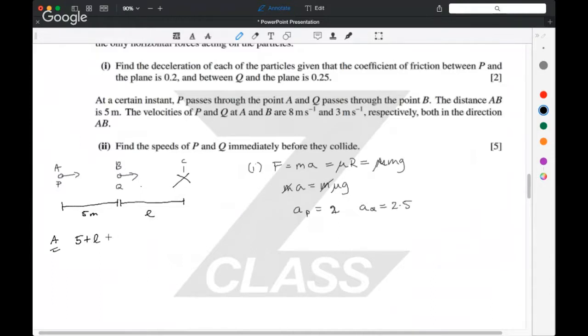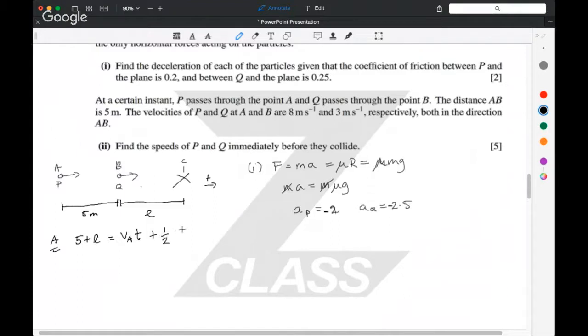And that's going to be equal to the initial velocity of P times time plus 1/2 a t squared. In fact, excuse me, I should have made it clear that these accelerations are going to be negative. I think it's just about remembering which directionality you're talking about, but I'm going to say that they're negative because they're decelerating, if I define that as my positive direction.